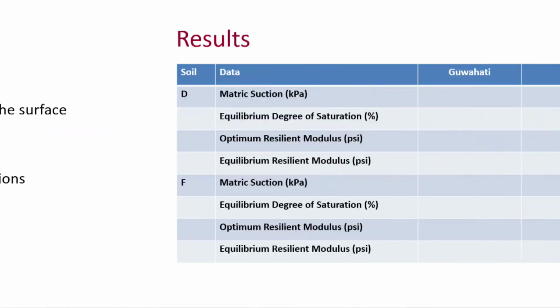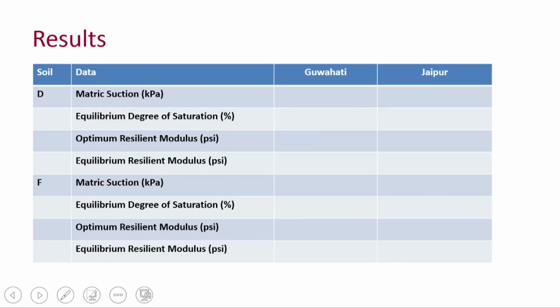So, Emad, you're going to have soil D for Guwahati. Rohit, you're going to have soil D for Jaipur. Babitra, you're going to have soil F for Guwahati, and Srinivasan, you're going to have Jaipur, soil F, okay? Okay.